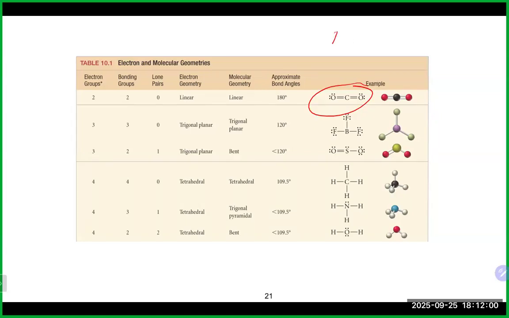Again, if you have a linear situation, like we saw with CO2, everybody's going in opposite directions, so it's going to cancel each other out. You could also have a situation with the 2 and 2 linear, and also the expanded linear, where they're heading in the same direction, and they will cancel each other out. But it is possible that in a linear situation everybody is heading in the same direction. And in this case, it would actually be a polar molecule.